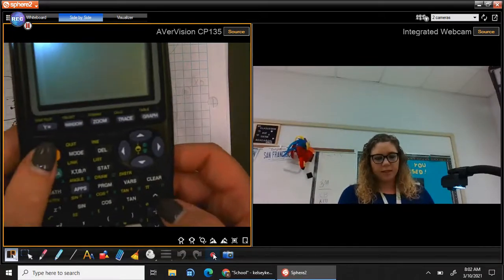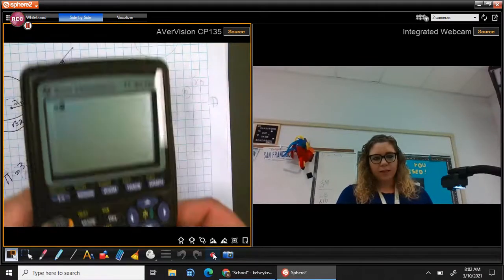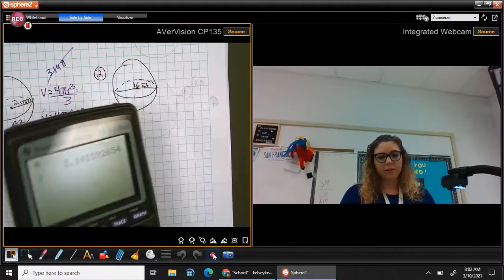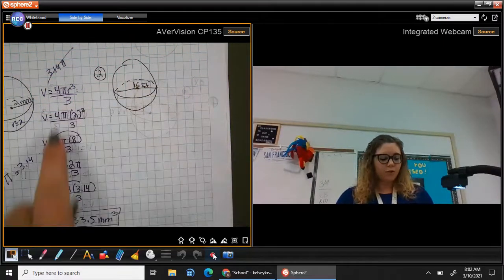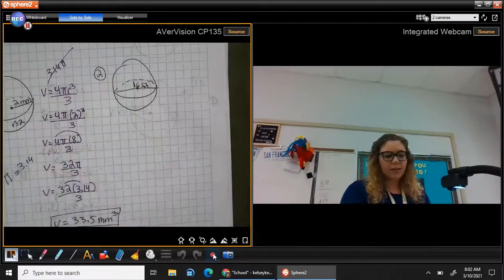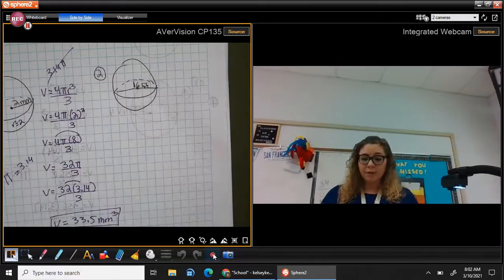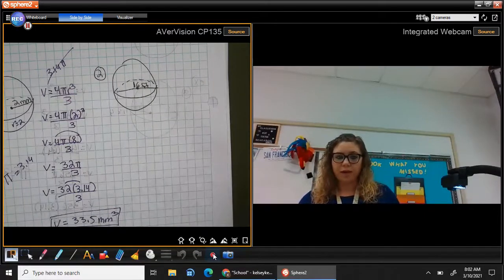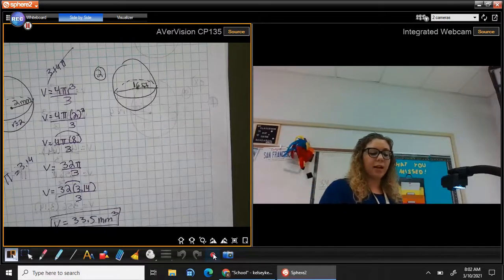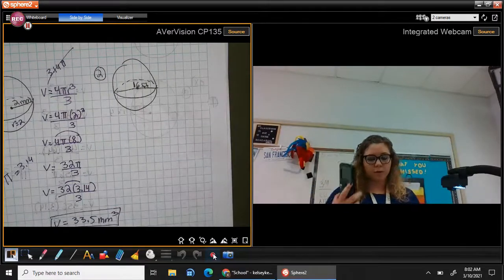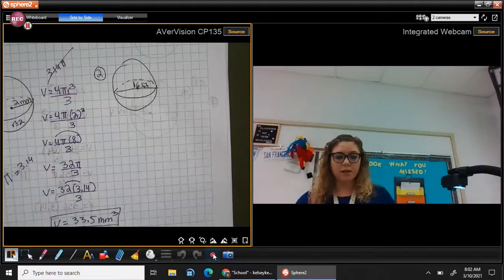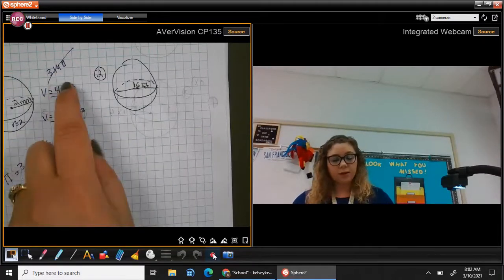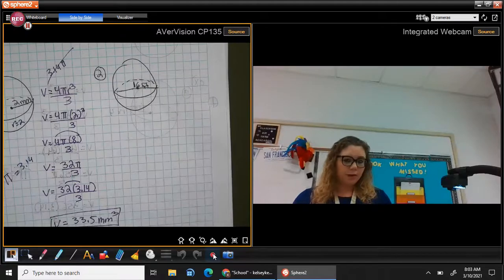So press second, and this little mountain looking thing is going to give you pi, and that's going to give you a really long decimal. Okay, when we use 3.14, we're estimating it, so it's not going to give us the exact answer, but most of the time, they want you just to plug in 3.14 for pi. But if it doesn't say that, then that's how you get the most accurate one. Okay, and you can always choose the answer that comes closest to what you have. Okay? So doing this way is perfectly fine. I personally do it this way, but either way.